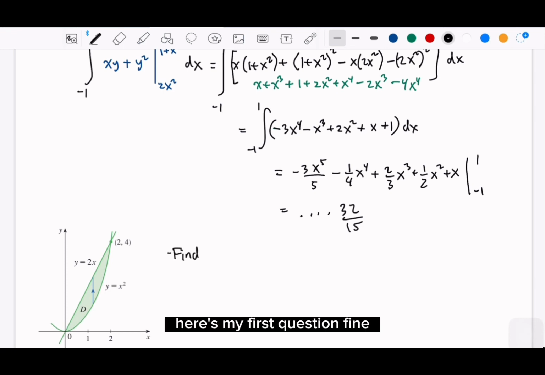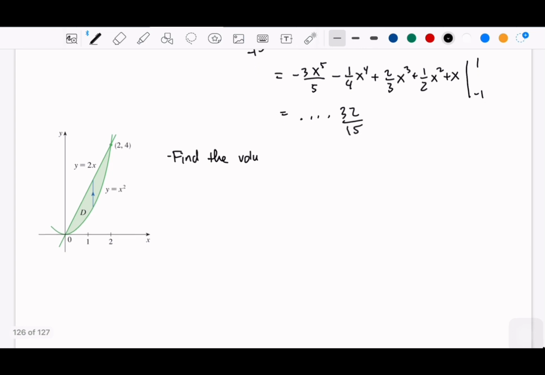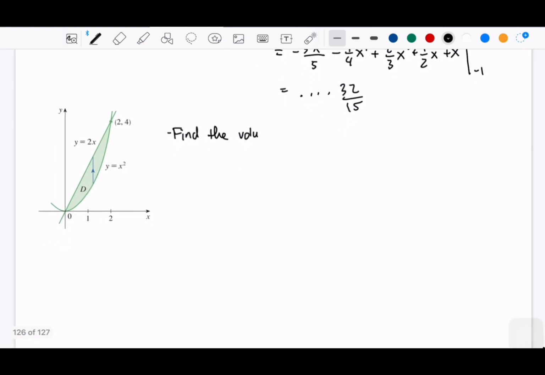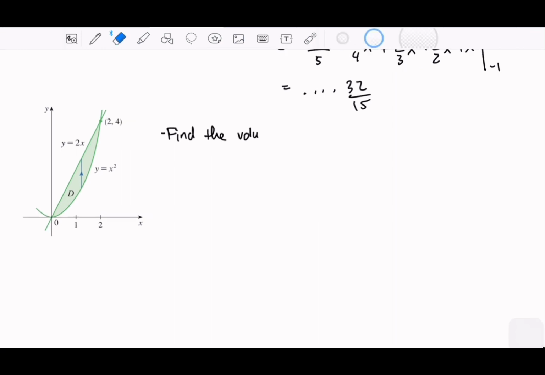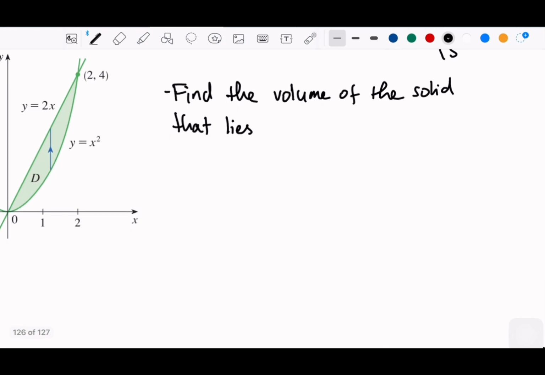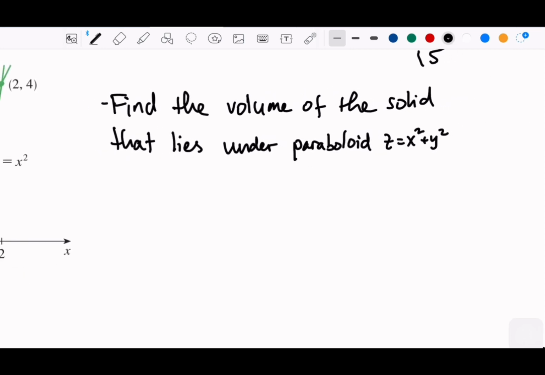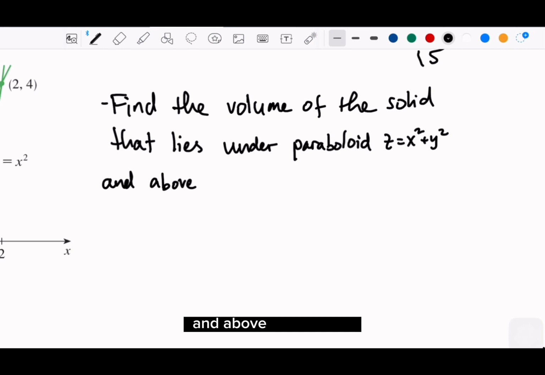Let me just write the first question: find the volume of this solid that lies under the paraboloid z and above the D region.